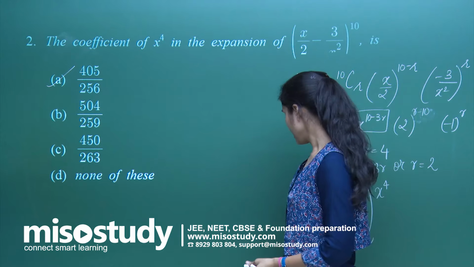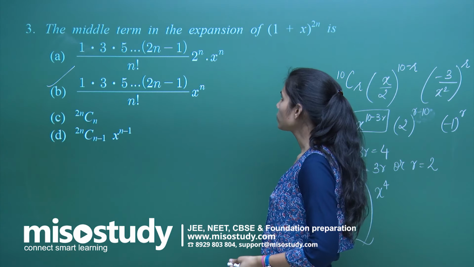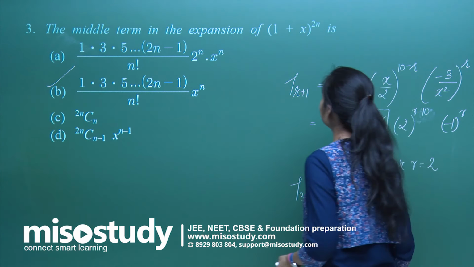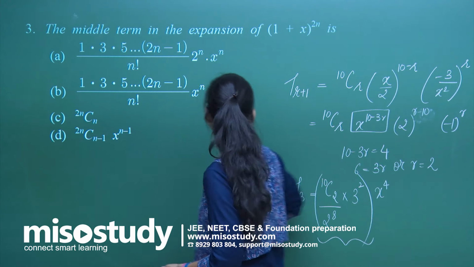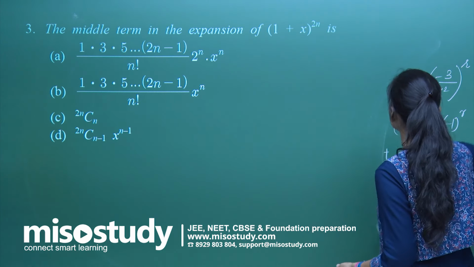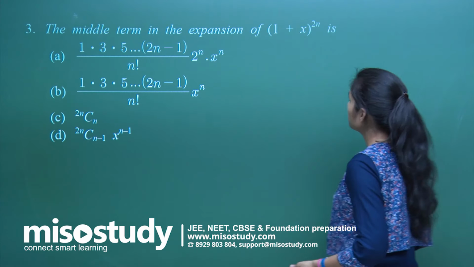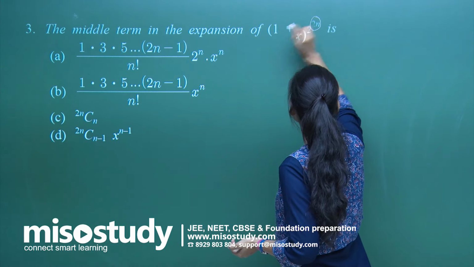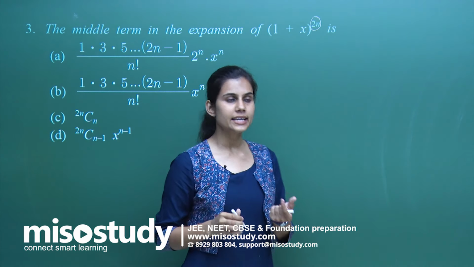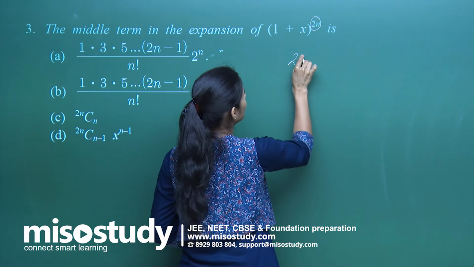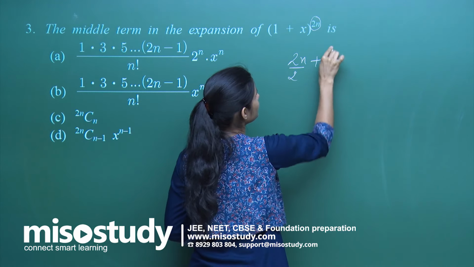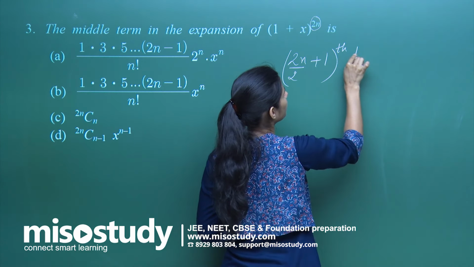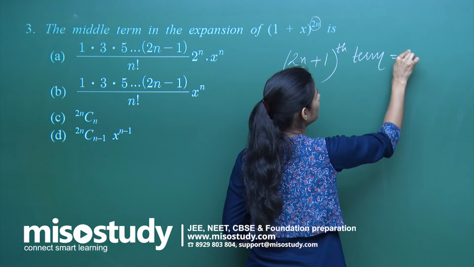Clear? Now, we have the next question which says, what is the middle term in this expansion. Let's see. Question is about the middle term. Now, over here, if you remember the algorithm of calculating the middle term, because 2n is an even number, 2n is an even index, therefore the 2n by 2 plus 1th term is the middle term.